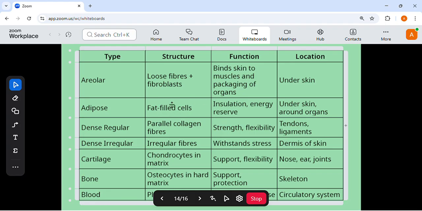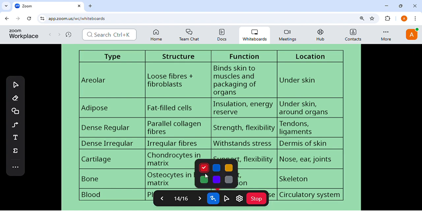Adipose is filled with fat. Fat gets stored in adipose cells, adipocytes. Function is to act as insulator and energy reservoir. Present again under the skin in the dermis layer, beneath the skin, okay, or around the organs.